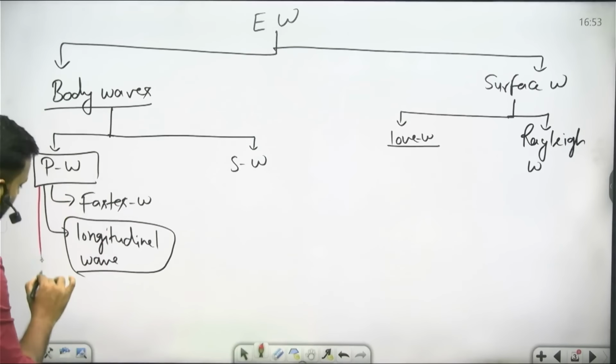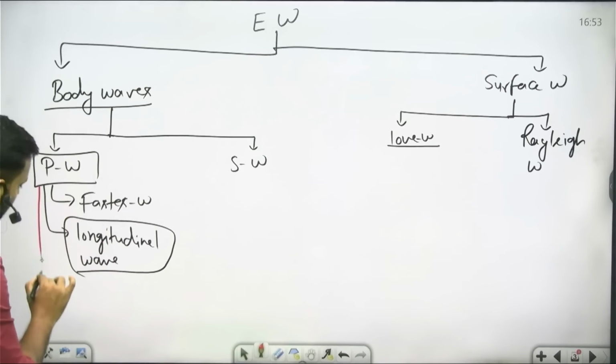In addition, it also passes through all types of medium: solid, liquid and gas. सॉलिड, लिक्विड एंड गैस तीनों से पास होता है. Okay, so these are the characteristics of the P waves.